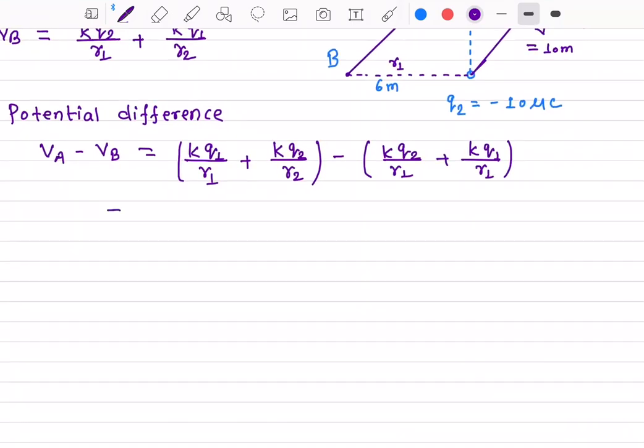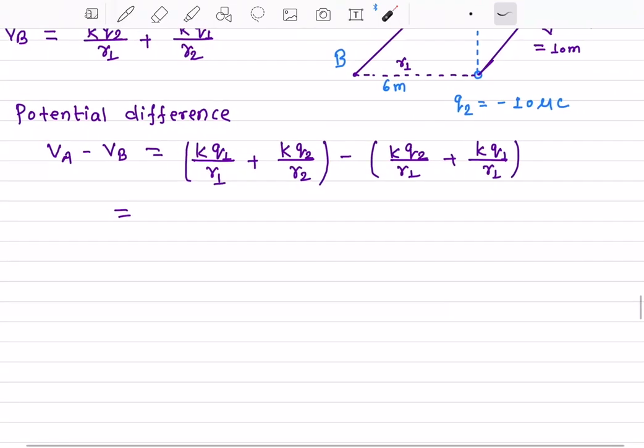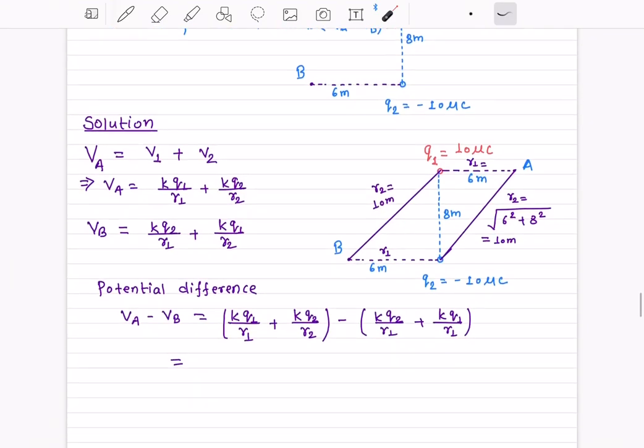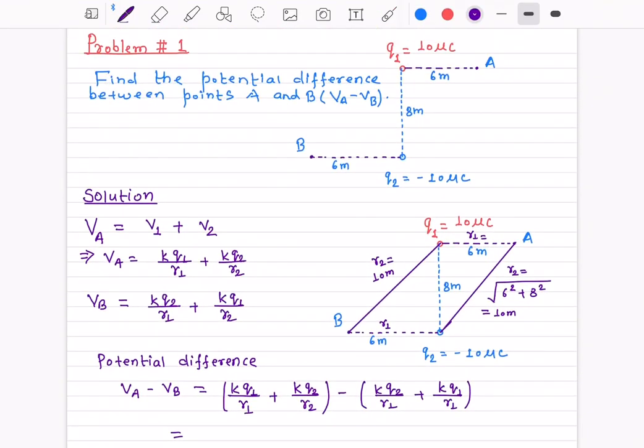Now let's plug in all the values. You see K is in each term, so I'm taking K out. And the value of K is 9 times 10 to the 9, and the unit of K is Newton meter squared per coulomb squared.